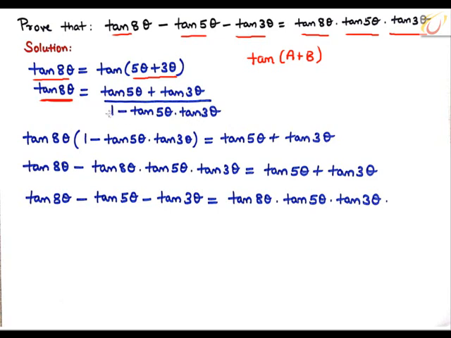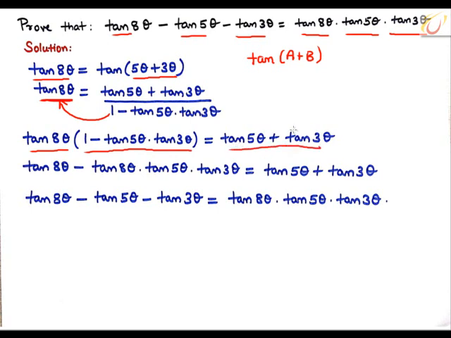This denominator we move to the LHS, multiplied with tan 8 theta. So tan 8 theta multiplied by 1 minus tan 5 theta into tan 3 theta.